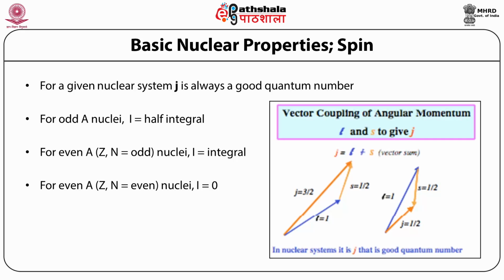In the next picture, when the orbital angular momentum equal to 1 is added to the spin angular momentum equal to half, the total spin of the nucleus is equal to 1 by 2. So depending upon the way the orbital and spin angular momenta are coupled, the total spin of the nucleus will be accordingly.